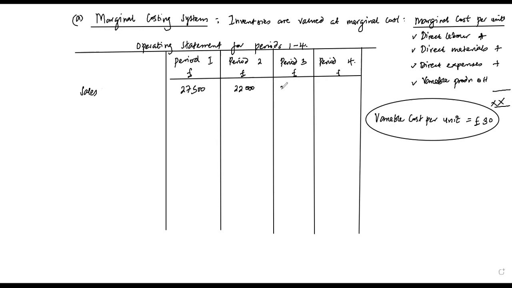Then period 3, we have 32,500. Period 4, we have 24,750. I've told you to get the sales, we are getting our sales units times the selling price.